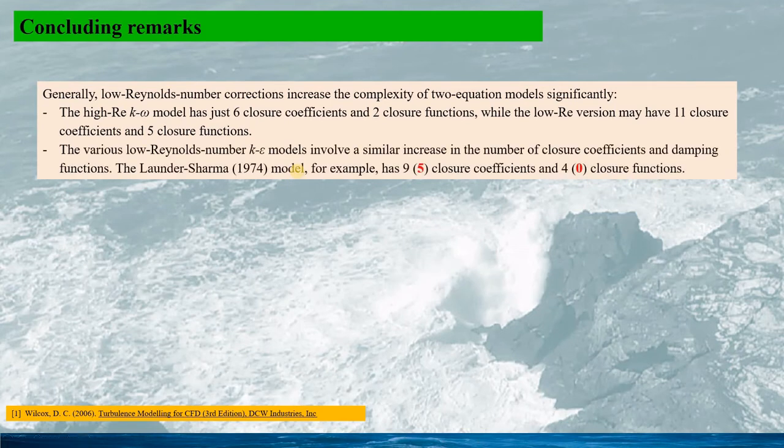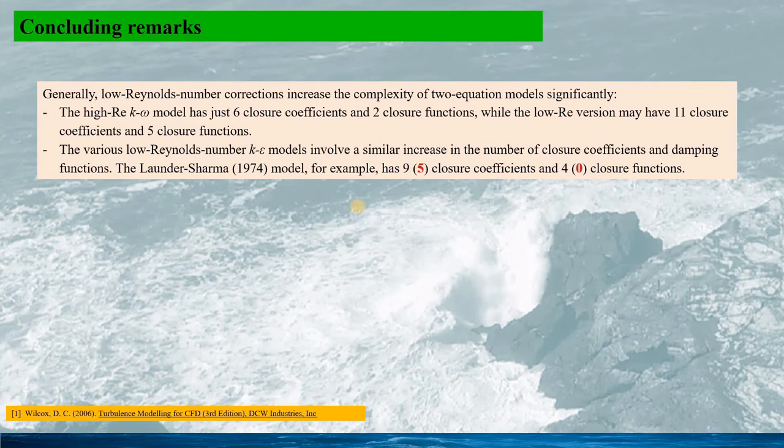For the K-epsilon model, the complexity is increased similarly. For instance, the Launder-Sharma model has 9 closure coefficients against the 5 for the standard K-epsilon model, and 4 closure functions against the 0 closure functions in the standard K-epsilon model.